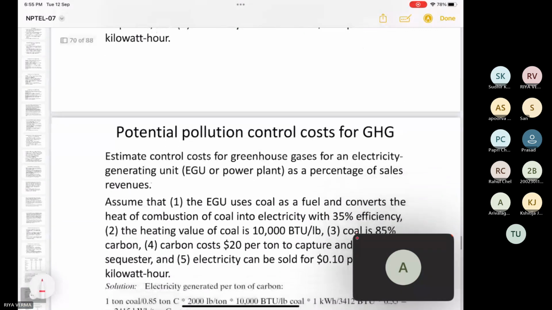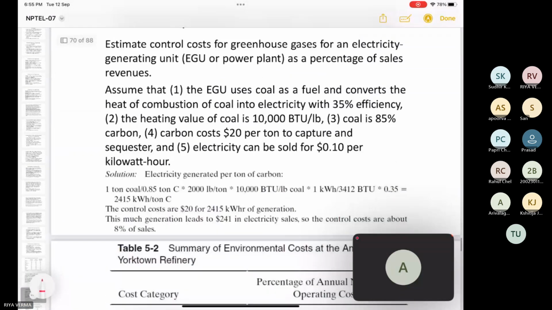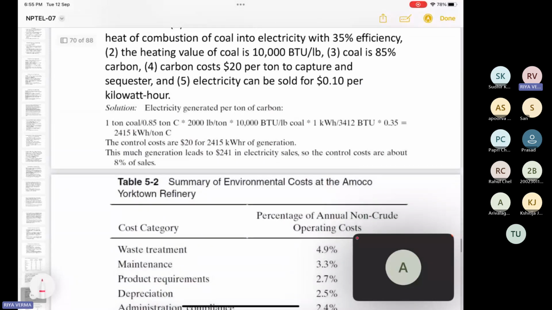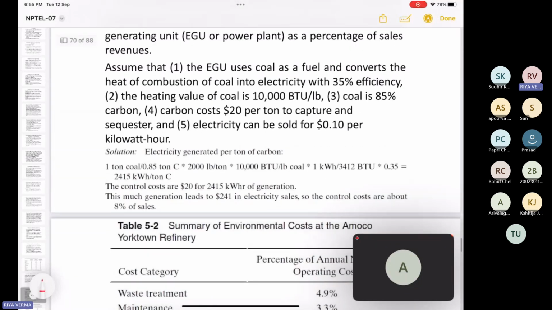So what will be the solution? First is the electricity generated per ton of carbon.